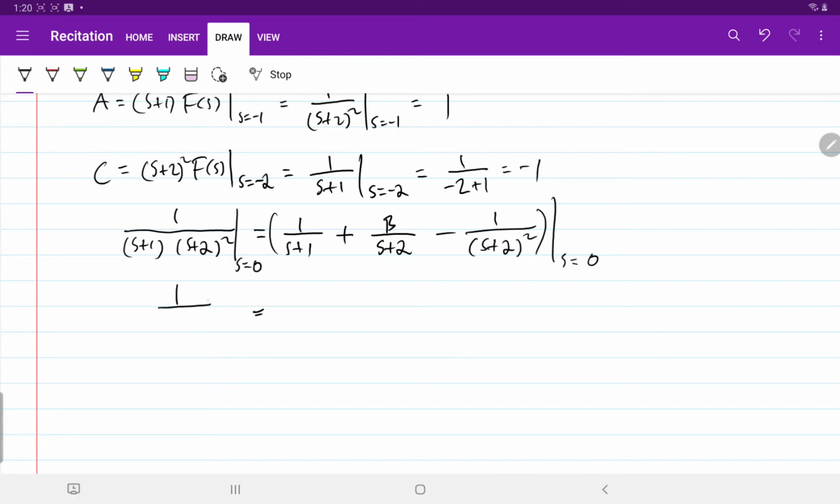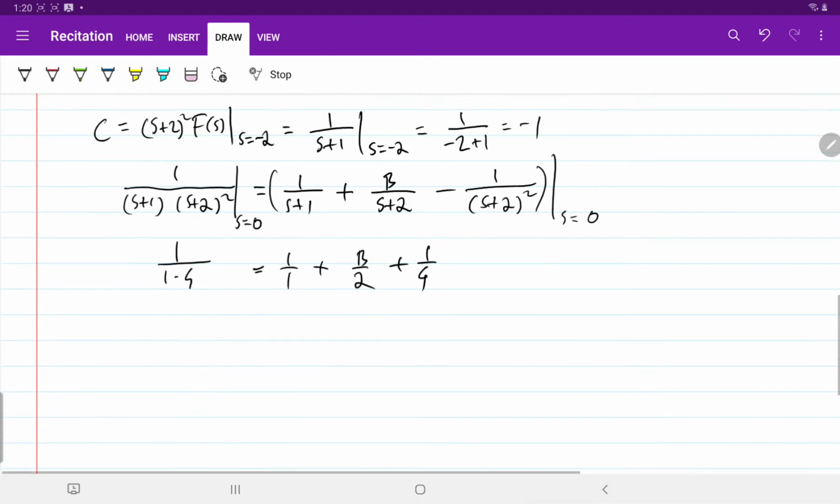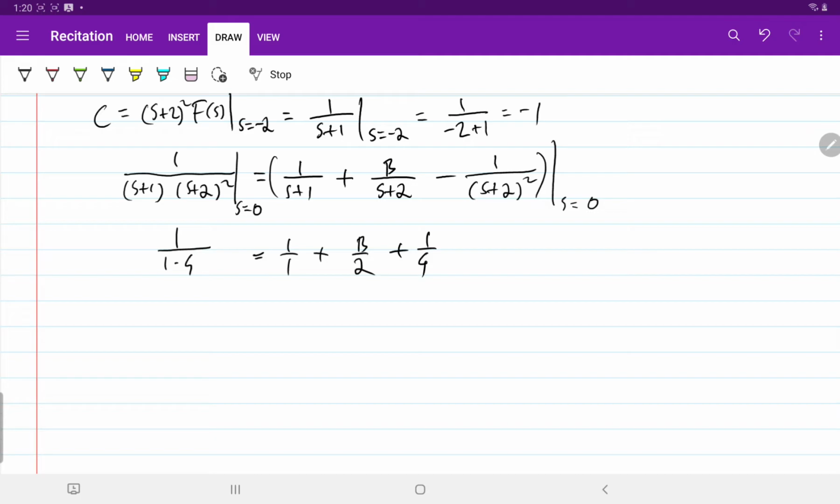We have 0 plus 1 is 1, 0 plus 2 squared is 4, so 1 over 1 plus b over 2 minus s0 is plus 1 over 4. From here, of course, you can compute b.